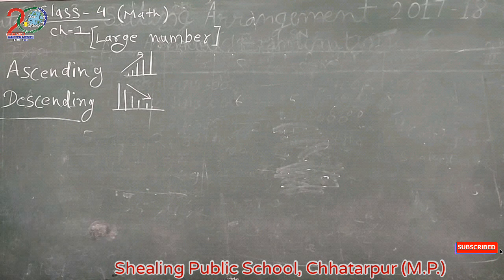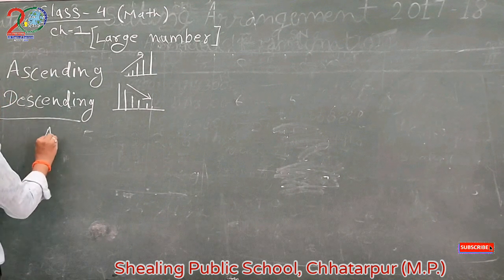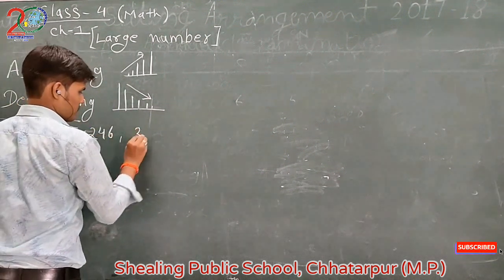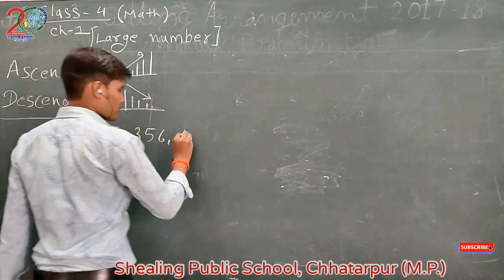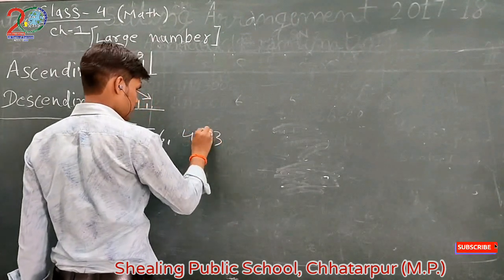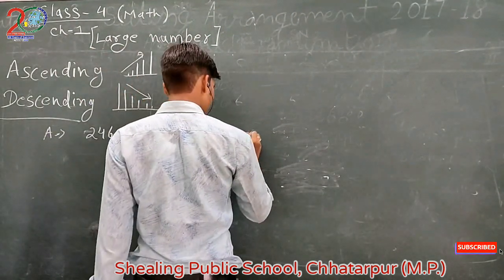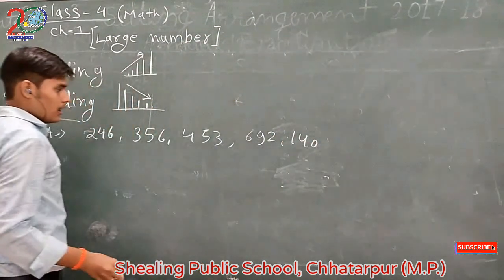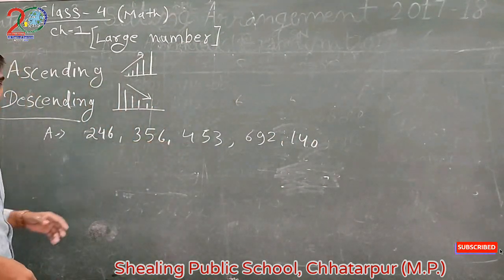One more example, we take the ascending order example. Okay. So in all these numbers, which is the smallest number?